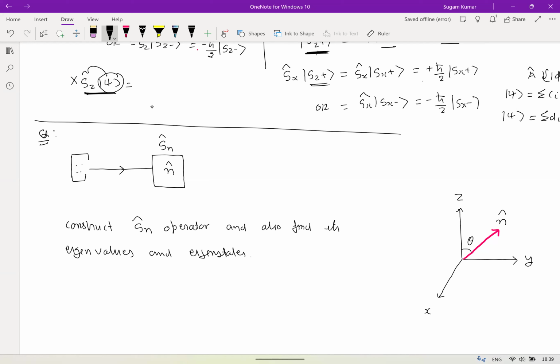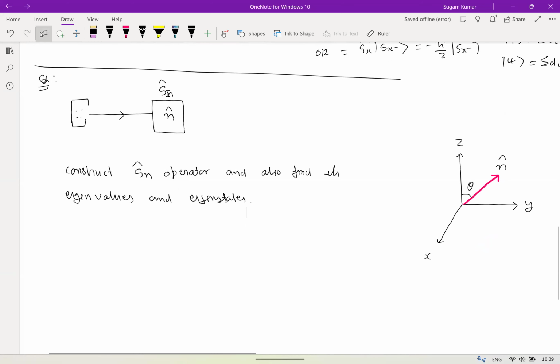So you see here that it's very simple to now construct this. What I can do is take the projection along the XY plane here, and define one angle phi also.